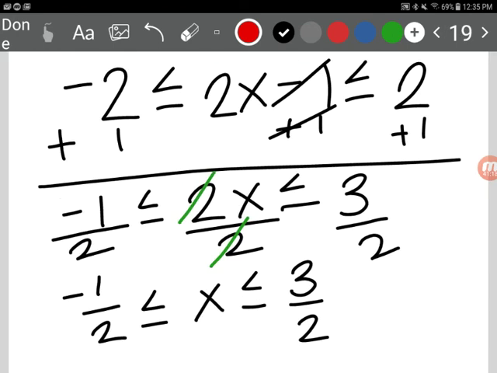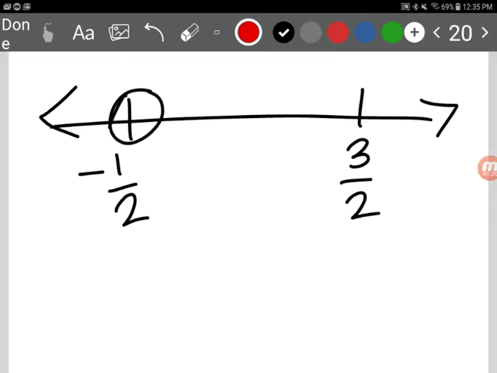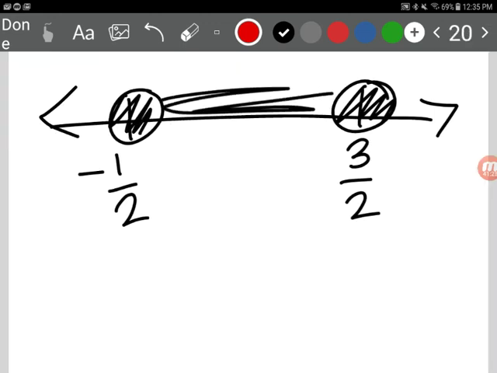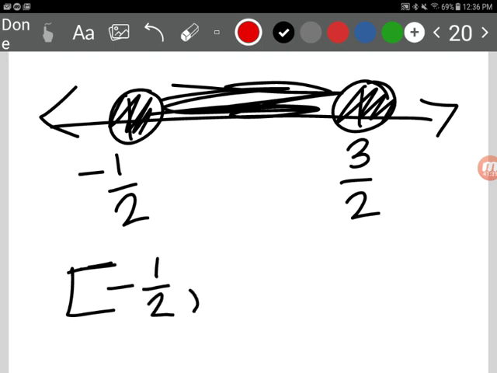Both of the circles will be closed, and I'm going to shade in between. So again, read that x and read outward. And that is my graph. For my interval notation, I'm going to start with negative 1/2 and stop at 3 over 2, and I'm including those 2 numbers.